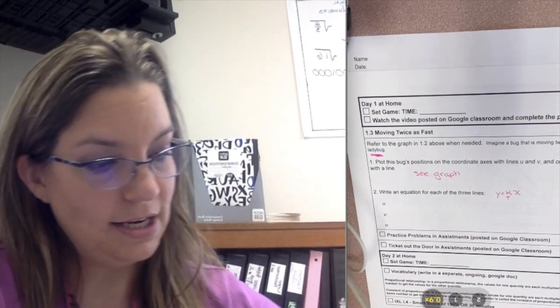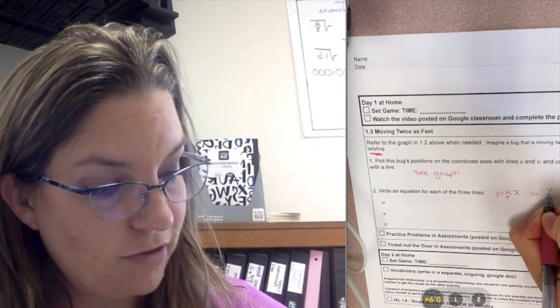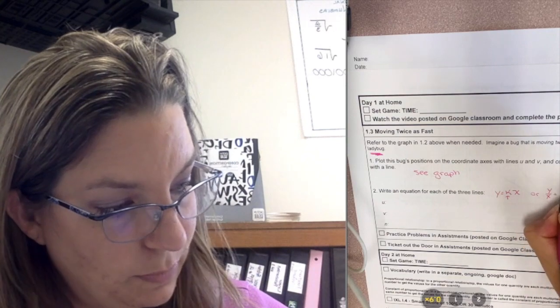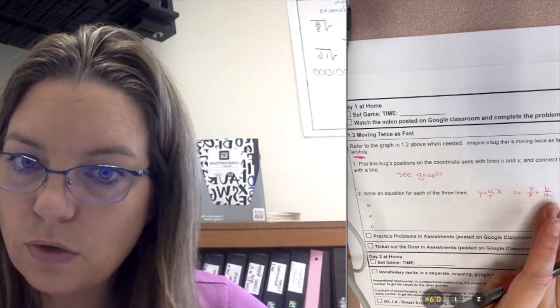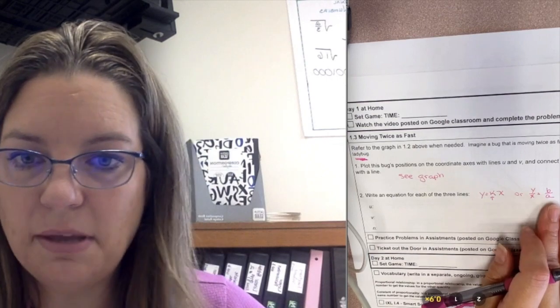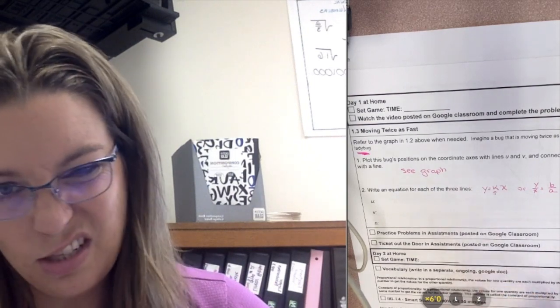The other way is you could write it y over x equals b over a. This to me is confusing. Everything else we do this year is going to be in this form. So if you're familiar with this, you can do this. It's still the same equation when you do out all the math, because you're going to end up with this one anyway. So why don't we just start with this one?